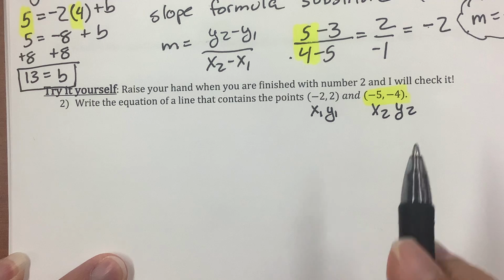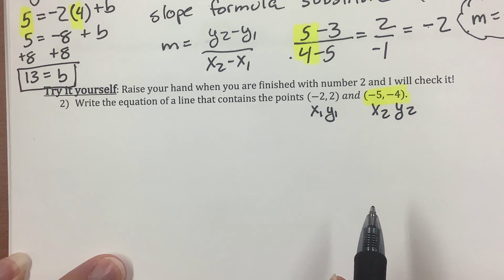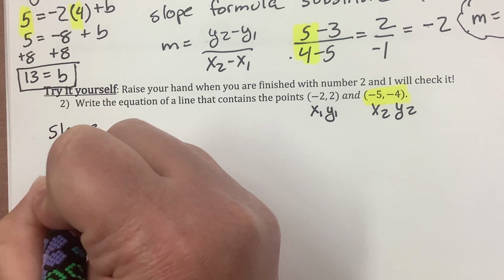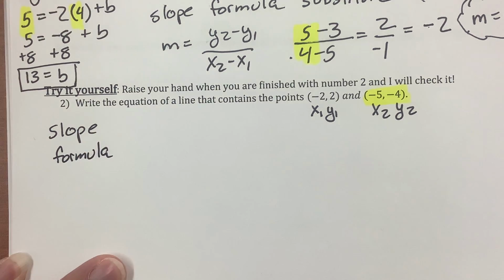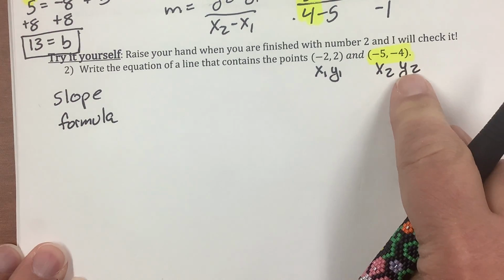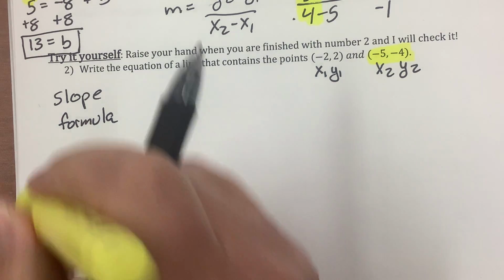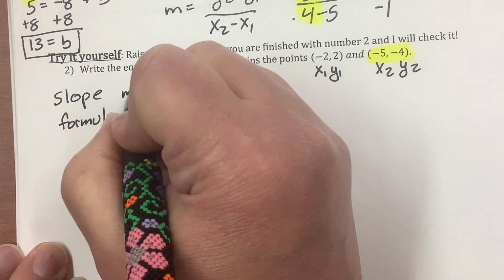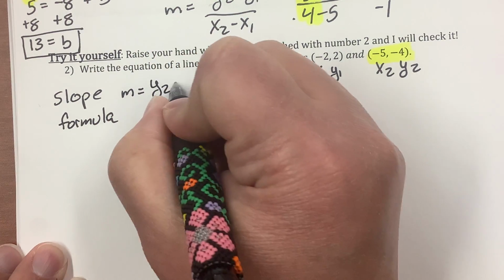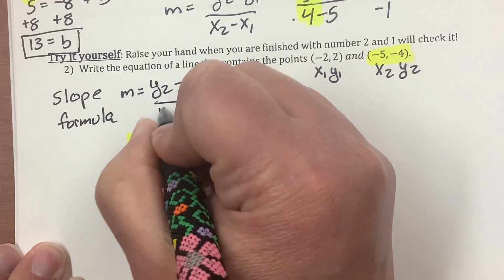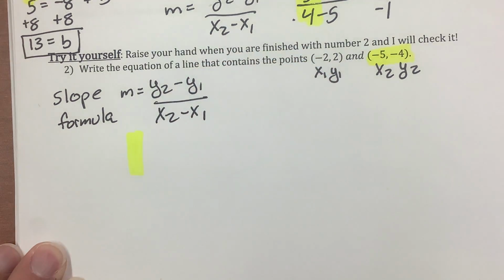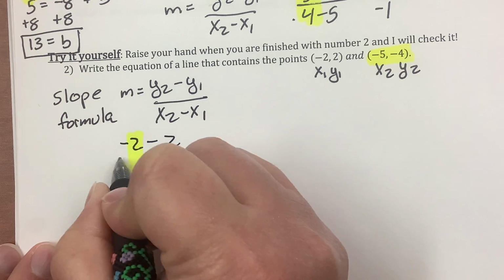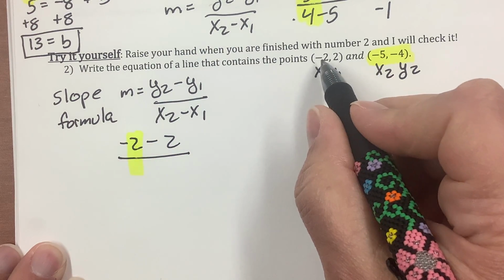Okay, so first we're going to write that into the slope formula. So slope formula first: m equals y2 minus y1 over x2 minus x1. So I'm going to do -4 minus 2 over -5 minus -2.